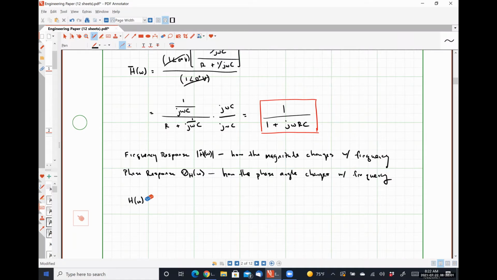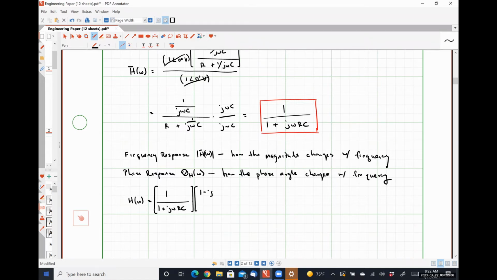So if I start with this 1 over 1 plus j omega RC bit, how can I break this up easily? We've done it before. Yeah, so I multiply this number by the complex conjugate of the denominator divided by the complex conjugate of the denominator.